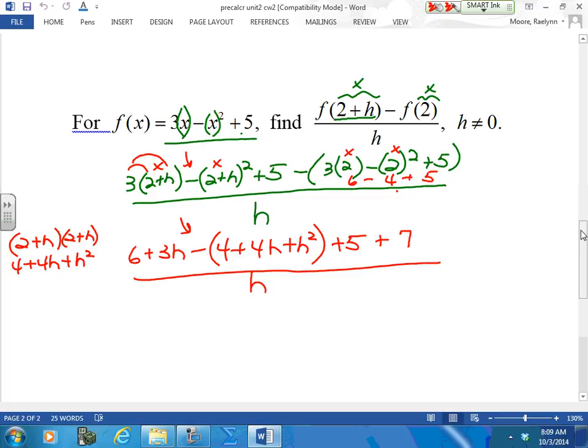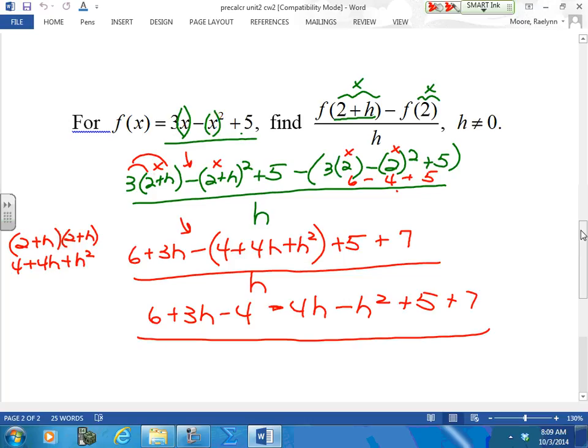So thank God I had 12 here. Now, the next thing we have to do is distribute the negative sign. 6 plus 3h minus 4 minus 4h minus h squared plus 5 plus 7 over h.